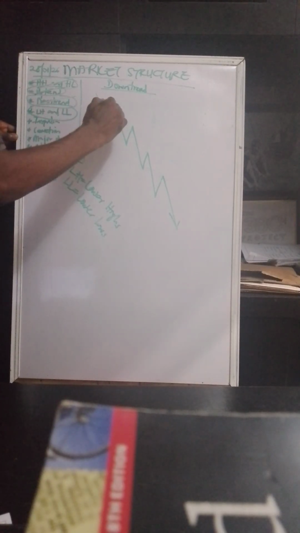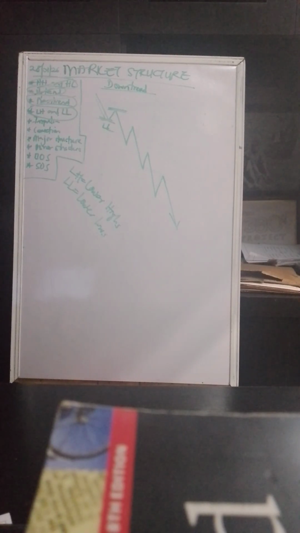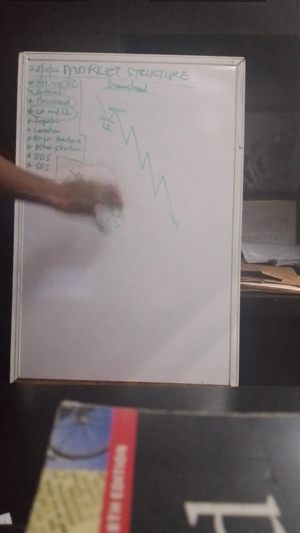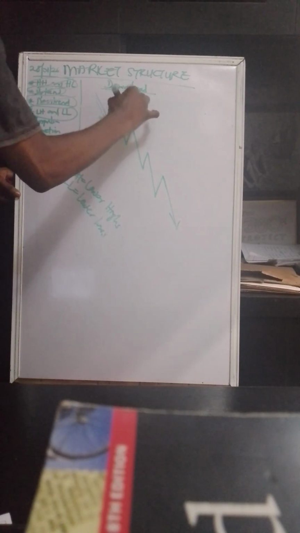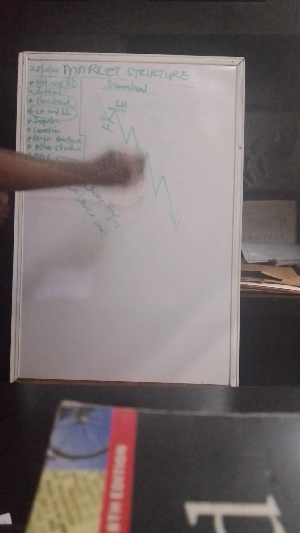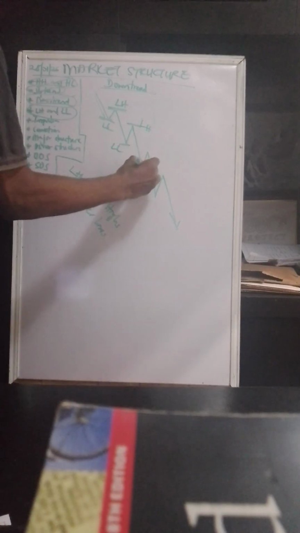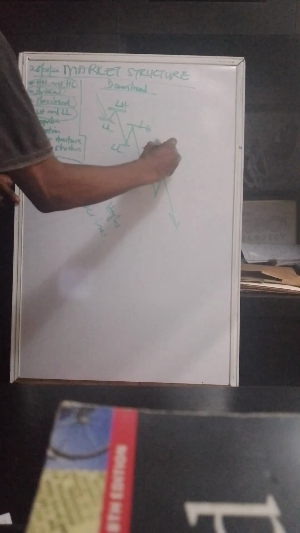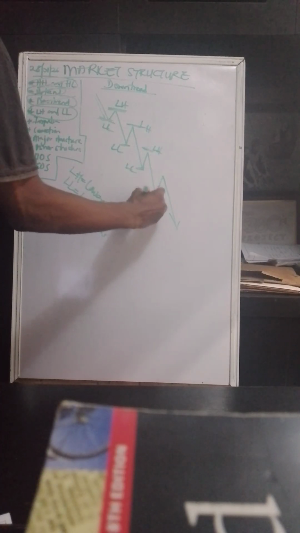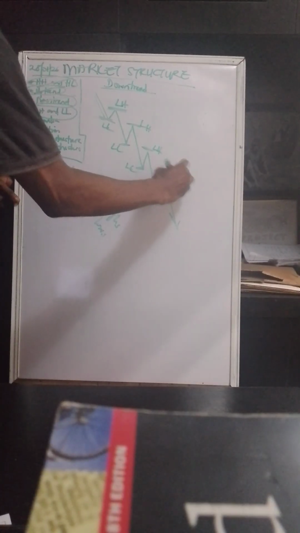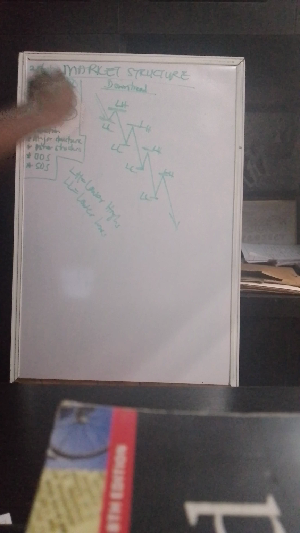Then when price stops going in the opposite direction of the major trend, that is called a lower high. So the exact same thing: lower low, lower high, lower low, lower high, lower low, lower high. Very, very simple.